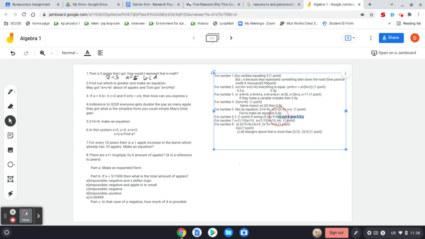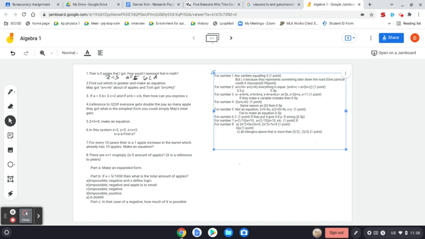I should put that here just to indicate that's first. That should work. And then this one over here for number 7. Okay, so maybe they don't know what they're doing.